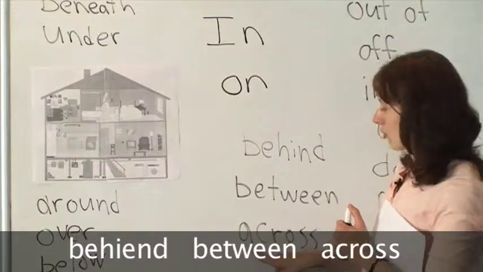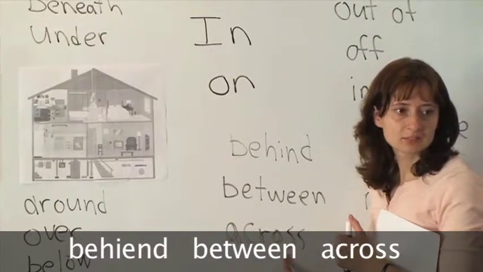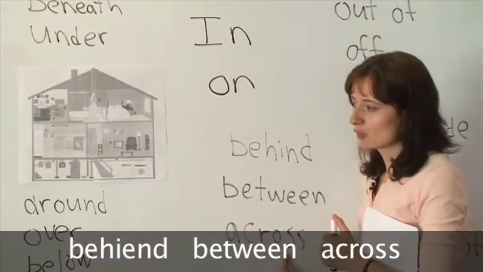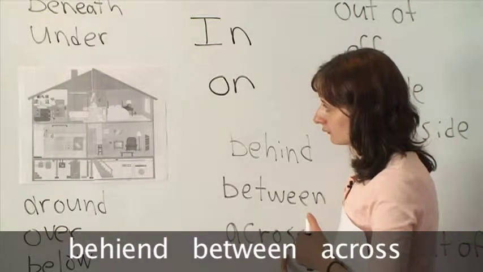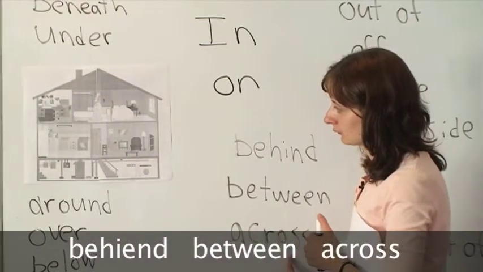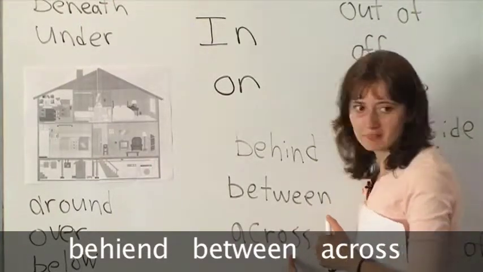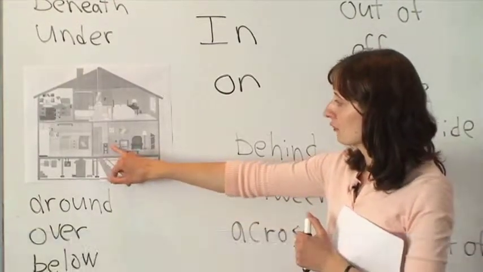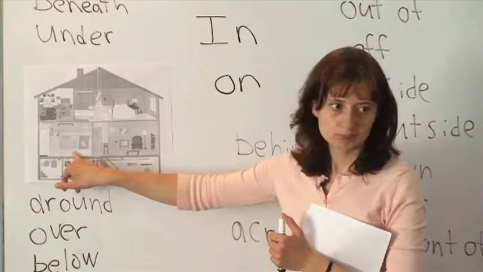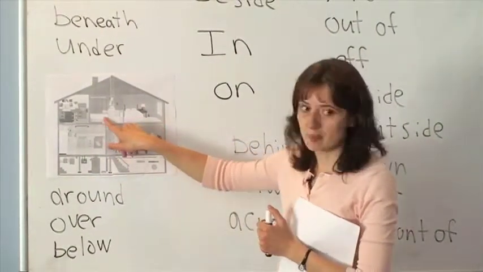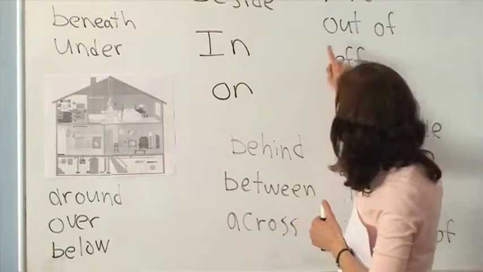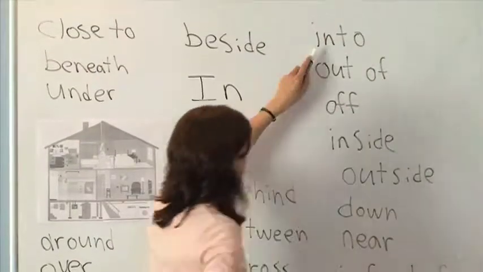What about this one? Across. We have a rock across the living room. Yeah. We could say across from the living room is the kitchen, or across the bedroom is the bathroom. Okay, let's do this one. Into.